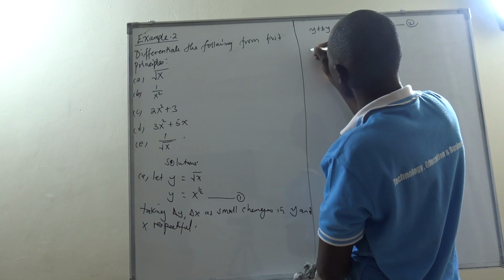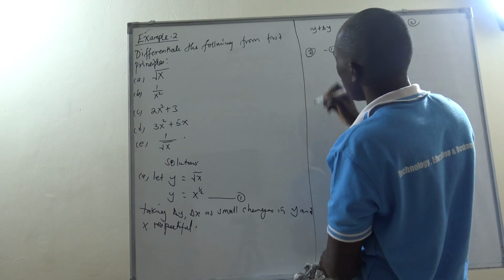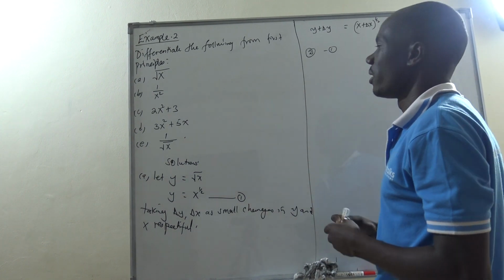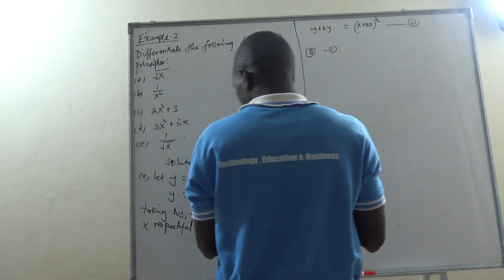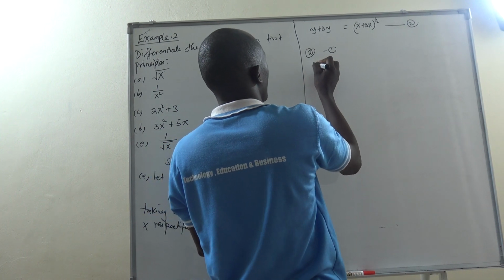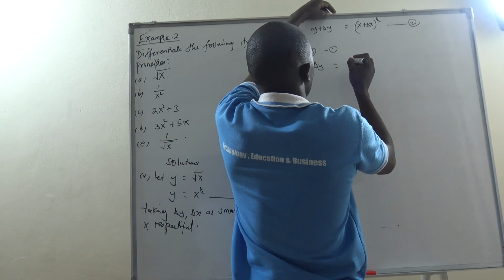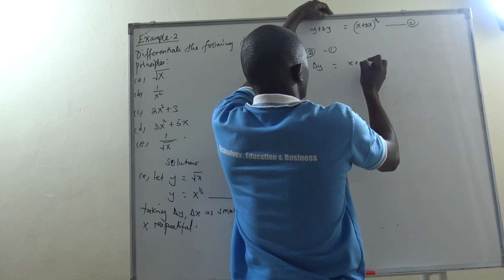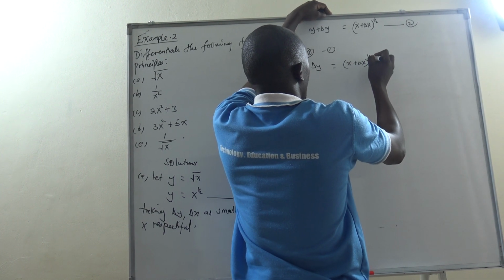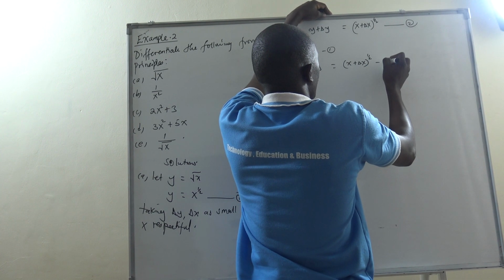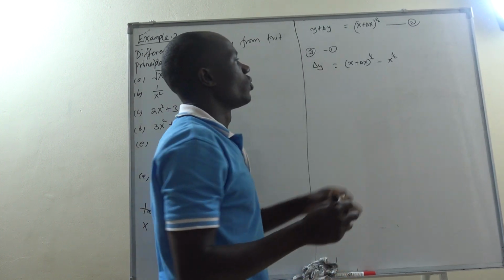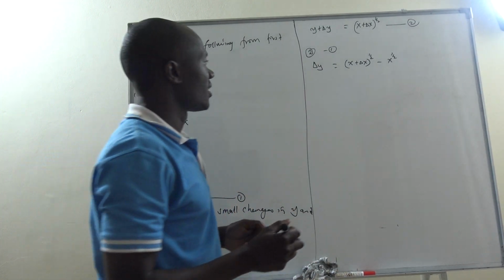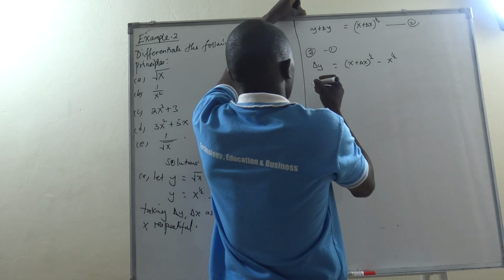Then from there we say equation 2 minus 1. So can we say equation 2 minus 1? What are we going to have? We are going to remain with delta y, which is equal to x plus delta x power half minus x power half.